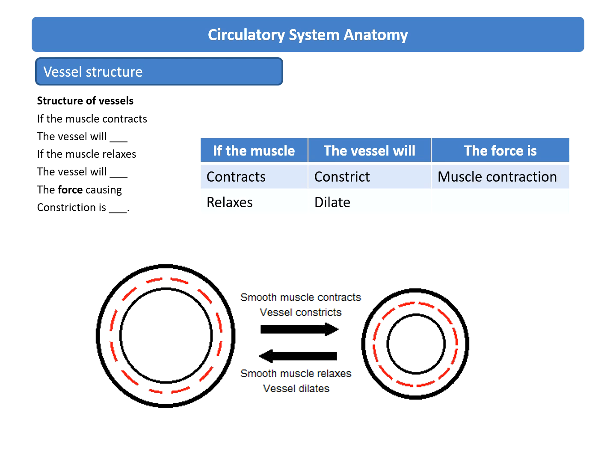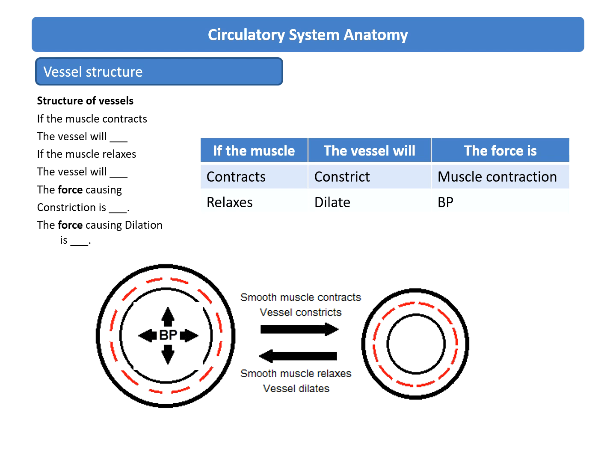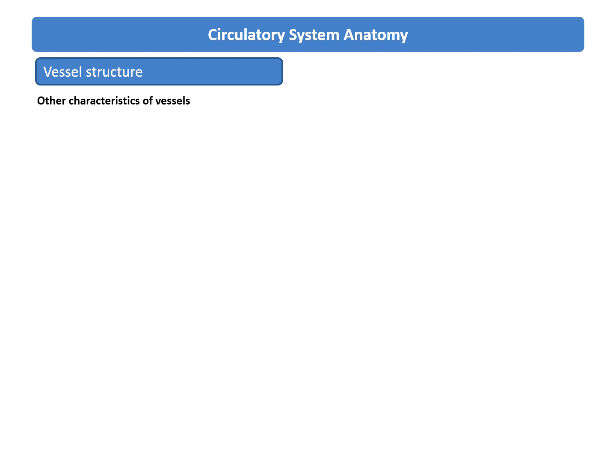Muscle contraction. What's the force causing dilation of the muscle? Now, right away, if you're not paying close attention, you will say muscle relaxation. But how can relaxation of something act as a force? No, the force causing dilation is the blood pressure within the blood vessel.